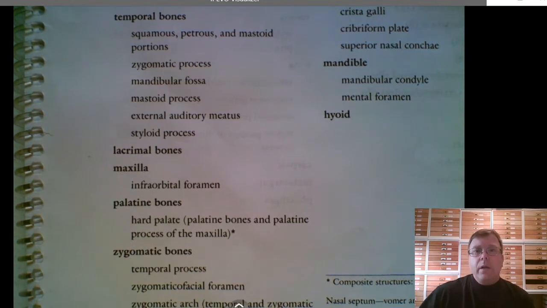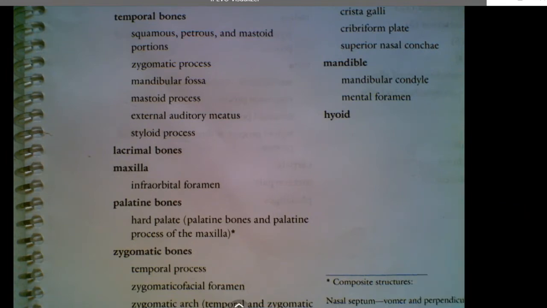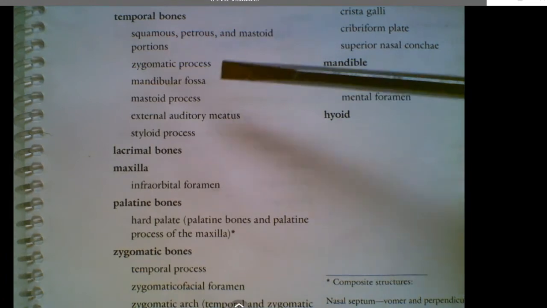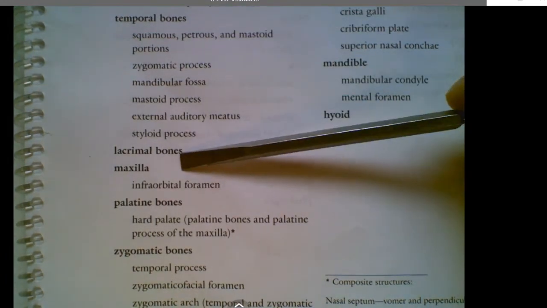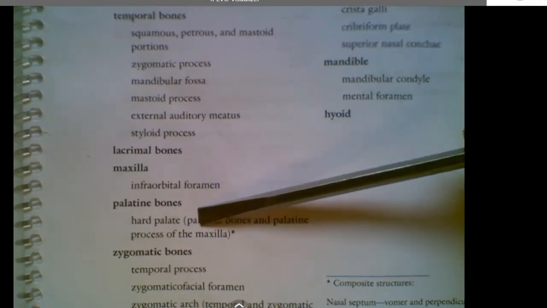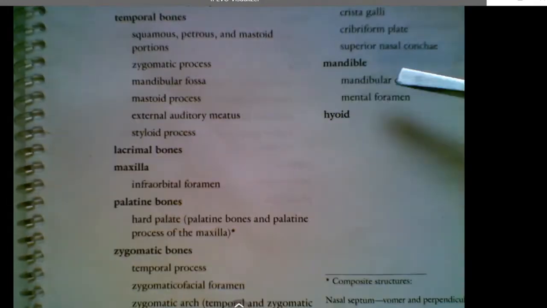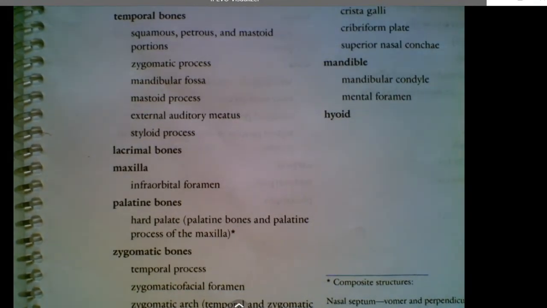Now, if you look on page 5, remember we finished in class covering the temporal bone. And if we look at our list here, we have the temporal bone, and then below the temporal bone, we have the rest of our list on the left-hand side, and then the column continues on the right-hand side.